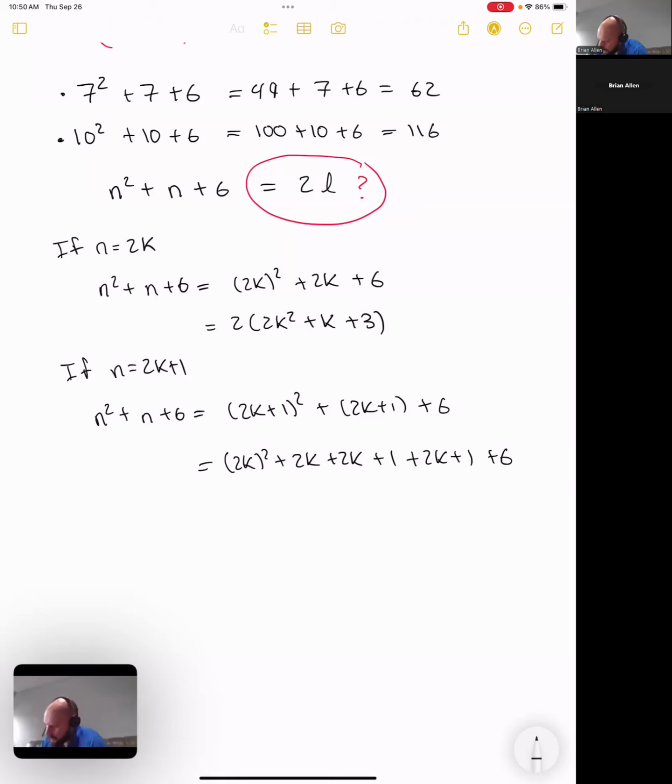I see these two 1s; I can add them into the 6 at the end, and that will be even. The rest I can rewrite by putting all the k terms together, which gives me 2 times 2k squared plus 2 times 3k plus 2 times 4, because the rest gives me 8. And of course, now I can pull a 2 out. So then I get 2 times (2k squared plus 3k plus 4).